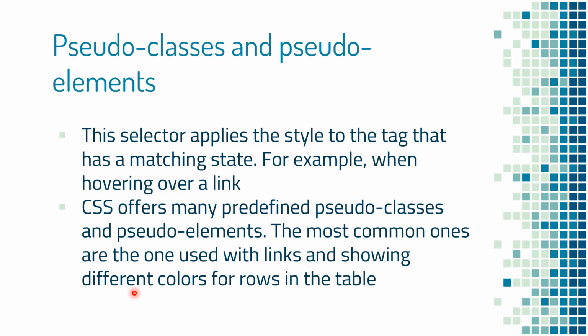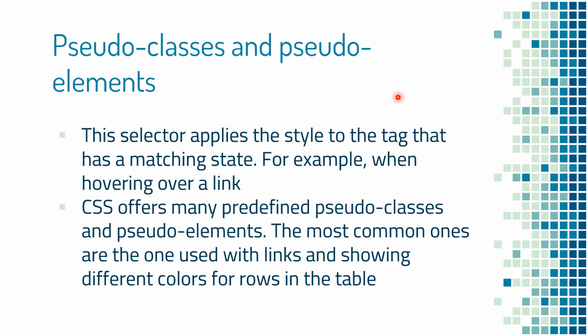Okay, another example of pseudo classes or pseudo elements, which we see most of the time in web applications, is hovering over a link. When you see a link and you hover your mouse over it, you see the color changing. This is what we call a state.